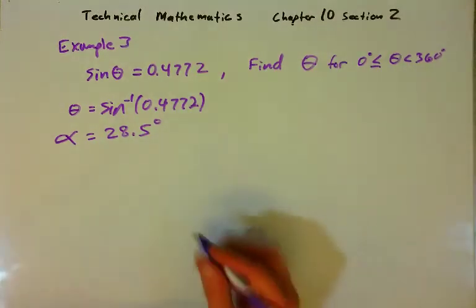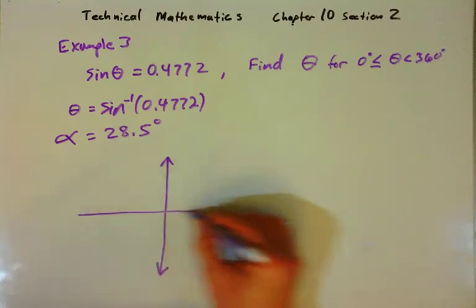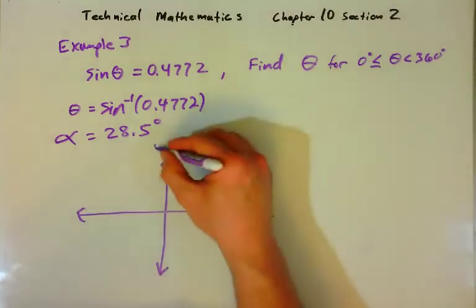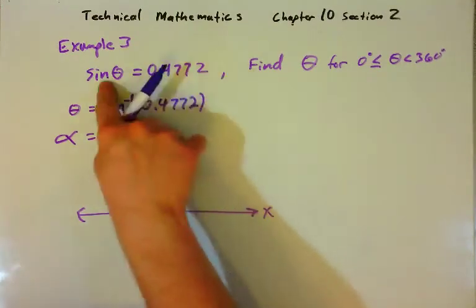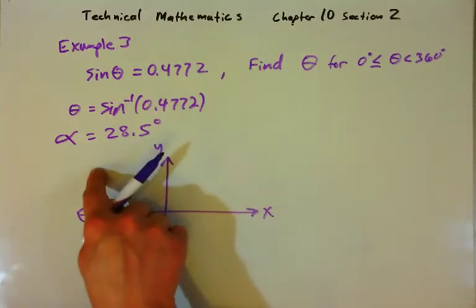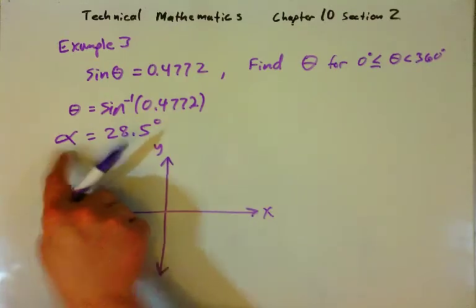And so, what does that mean? If we look at a coordinate plane, we first must consider whether the sine of an angle was a positive or a negative value. Remember that the sine of an angle is positive in the first and the second quadrants. And your calculator is giving you an answer for alpha.